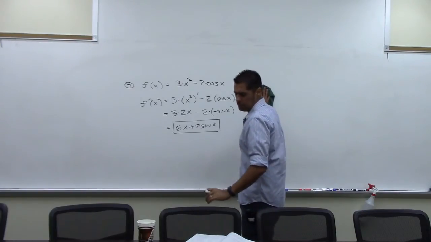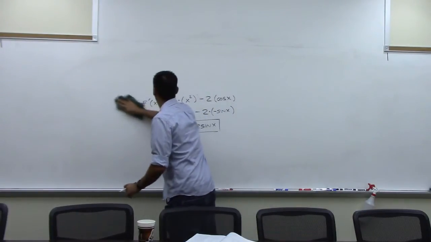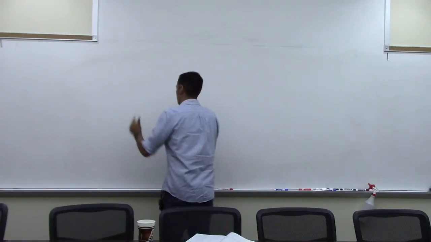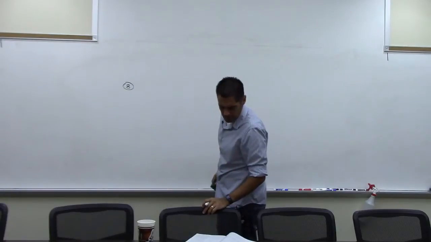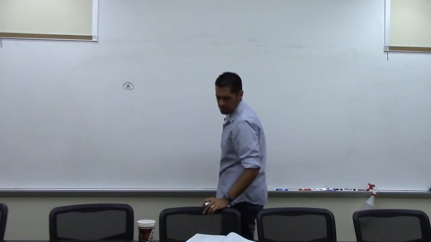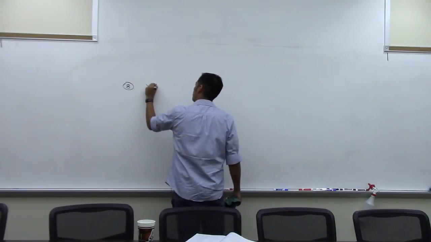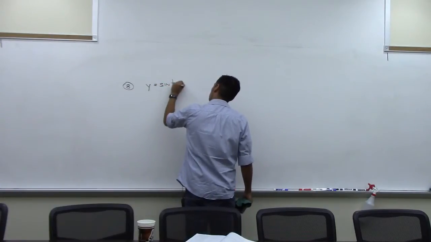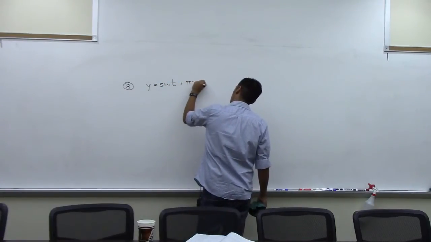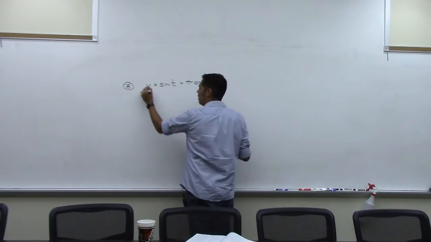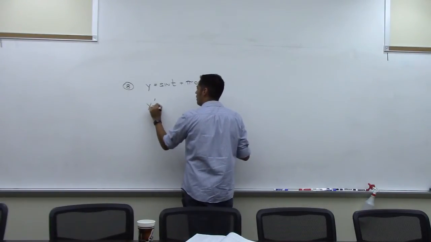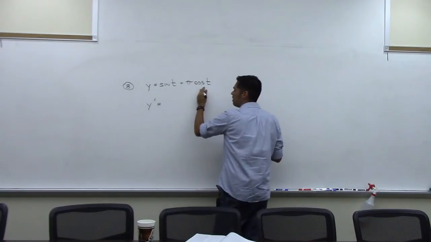Number 8. Y equals sine t plus pi cosine t. All right, so I want the derivative, so my notation's a little different here. Derivative of this, I write y prime equals, and I have 2 terms, I can do them separately.